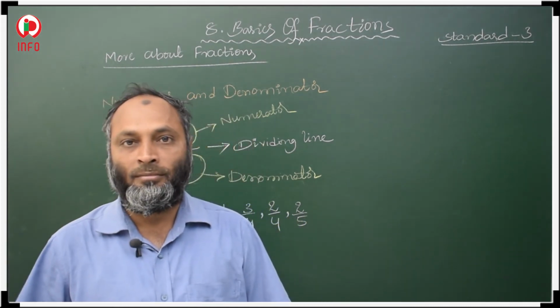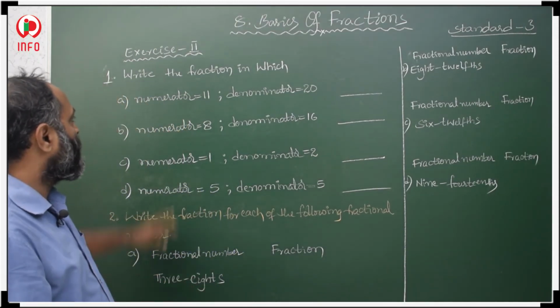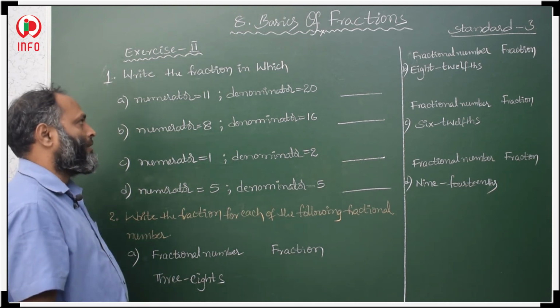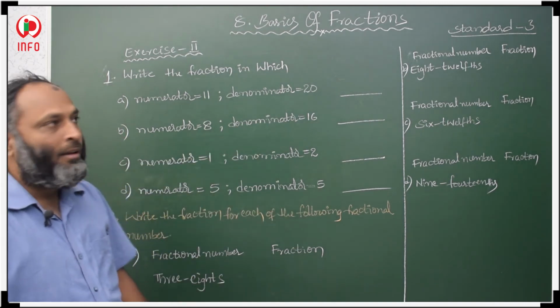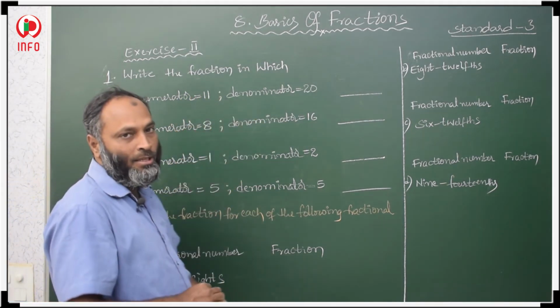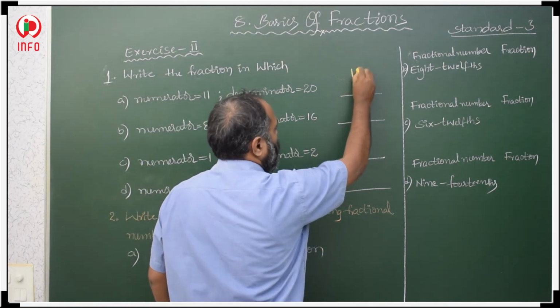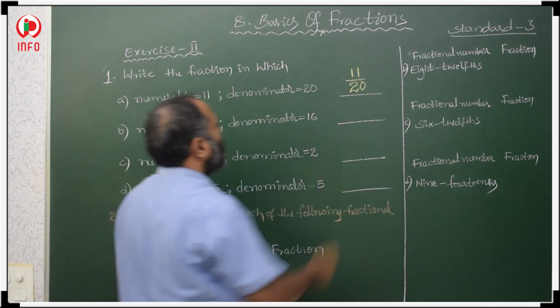Okay. Now, students, exercise 2, the first question. We have to write the fraction in which the numerator is 11 and the denominator is 20. Numerator and denominator are given, so we have to write the fraction. How to write? Numerator 11 by denominator 20, 11 by 20.